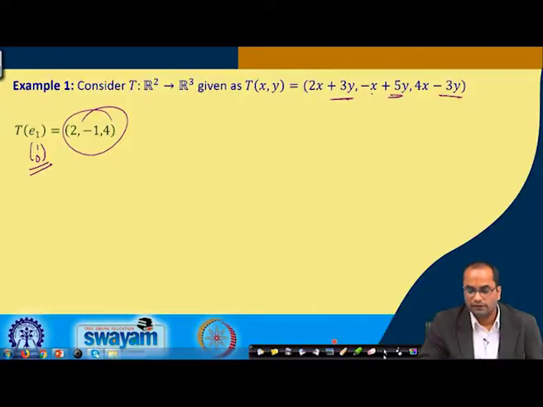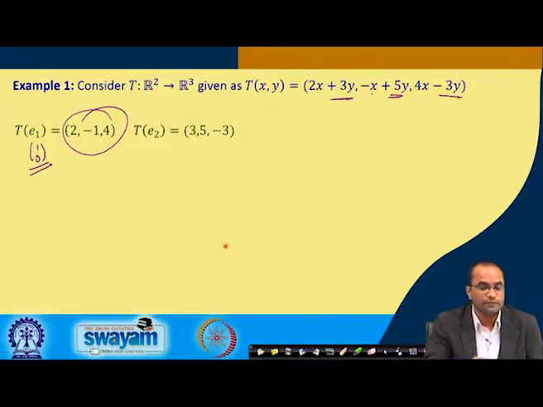Similarly, we can get T E 2, with E 2 being 0 and 1, and we will get 3, 5 and minus 3.